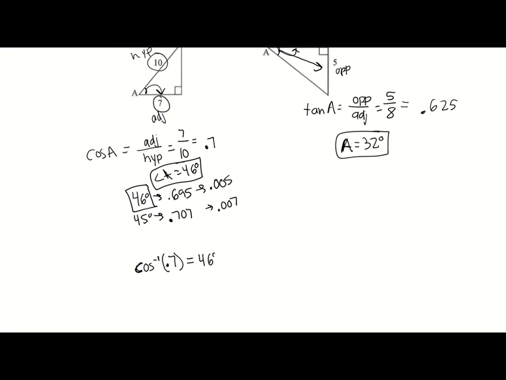We'll still get 46 degrees approximately, and this is how you're going to type it into your calculator. So same thing over here. If we have our value and we want to know what the degrees are, we need to use our inverse tangent function and put in 0.625 and that is going to give us 32 degrees on our calculator as well.